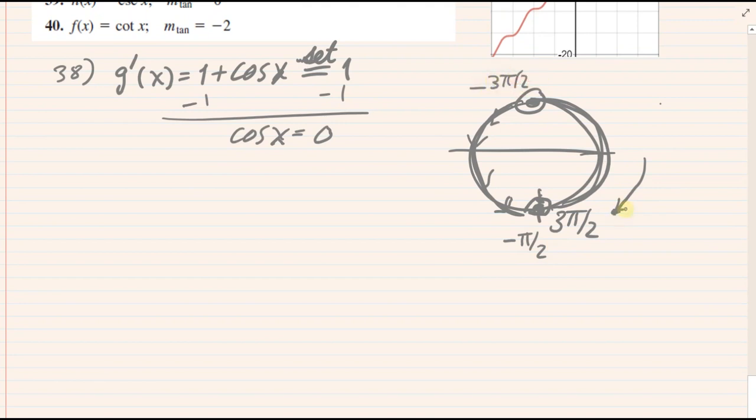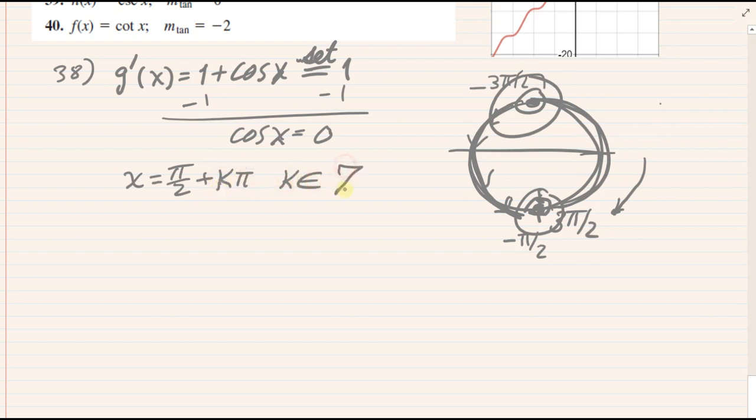Okay, so anyway, the zeros of cosine. The zeros are when x is pi over 2, and then every 180 degrees, from top to bottom is 180 degrees. Every k pi will pick up another 0 here. k is an integer.